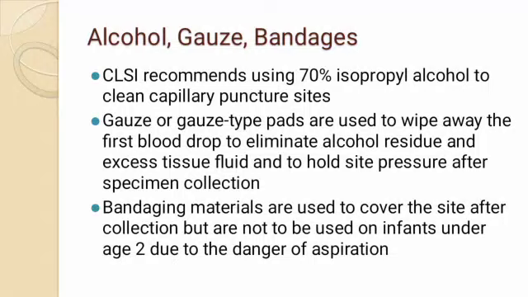Gauze or gauze type pads are used to wipe away the first blood drop to eliminate alcohol residue and excess tissue fluid and to hold site pressure after specimen collection. Bandaging materials are used to cover the sites after the collection but are not to be used on infants under the age of 2 due to the danger of aspiration.